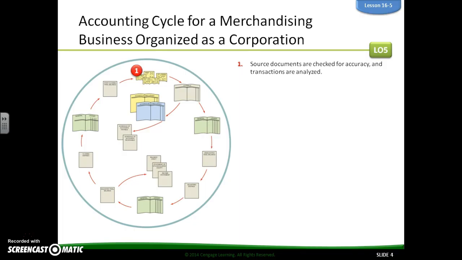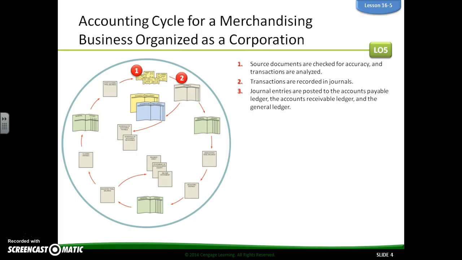This is the beginning of the accounting cycle, and we're currently at the end. We recorded the transactions in a journal. The entries were posted to the accounts payable ledger, the accounts receivable ledger, and the general ledger. Schedules of accounts payable and accounts receivable were prepared from the subsidiary ledgers.